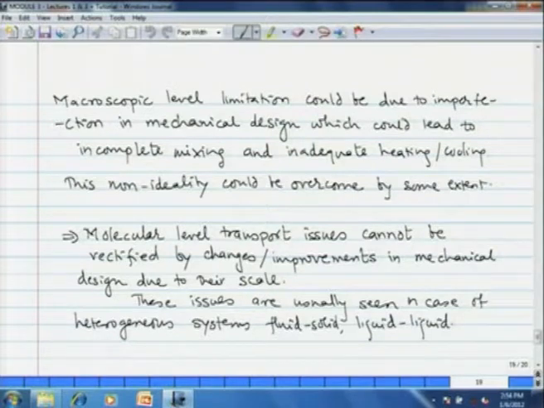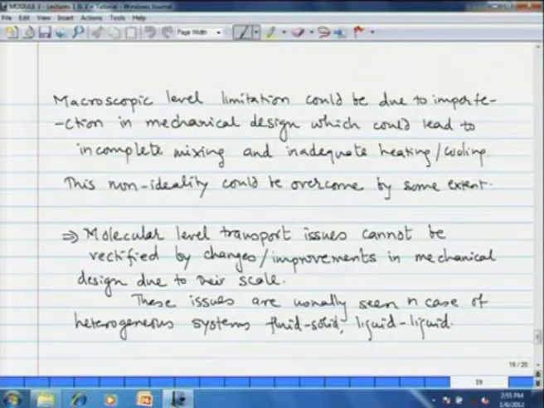Now, these kinds of non-idealities could be overcome to some extent, or sometimes even completely, by modifying the mechanical design of the reactor. The molecular level transport issues cannot be rectified by simple changes like a change in the mechanical design, because the scale on which they occur is extremely small.